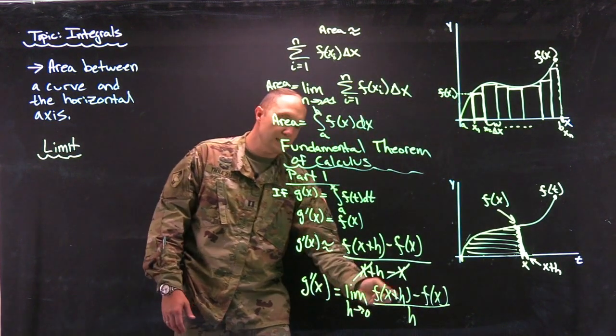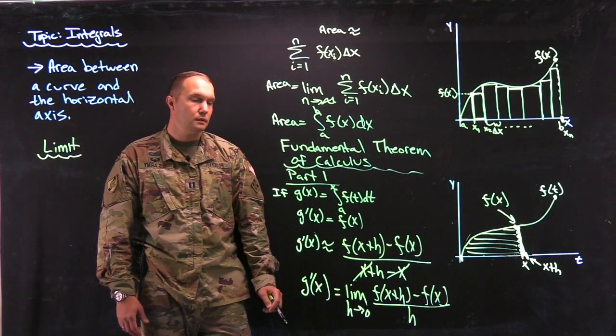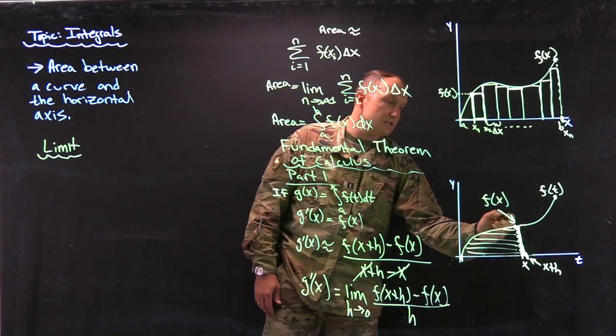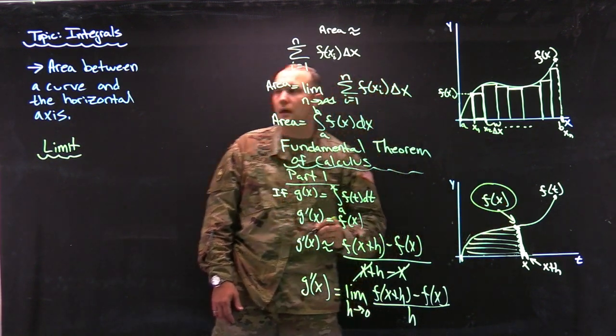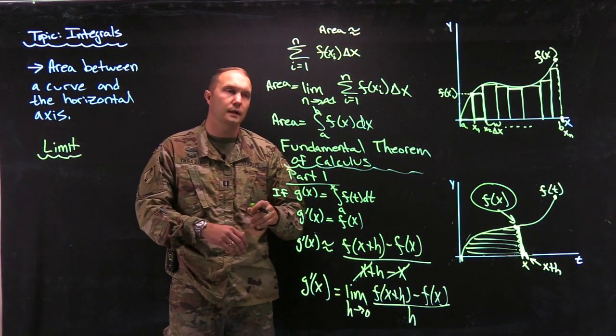And this, we notice, is the limit definition of a derivative. So then g prime of x must just equal f of x. So that's the fundamental theorem of calculus part 1.